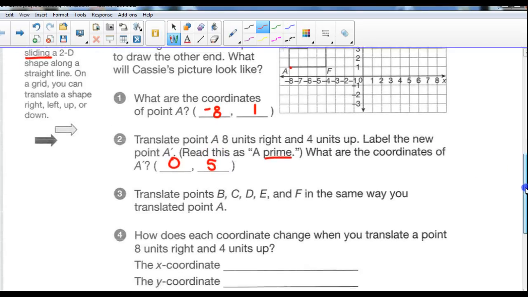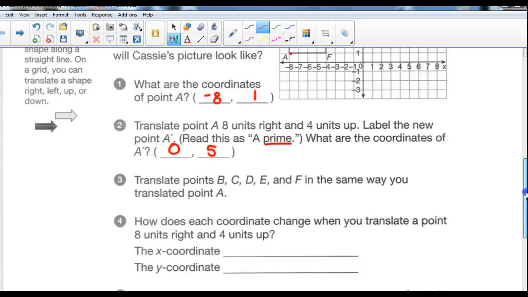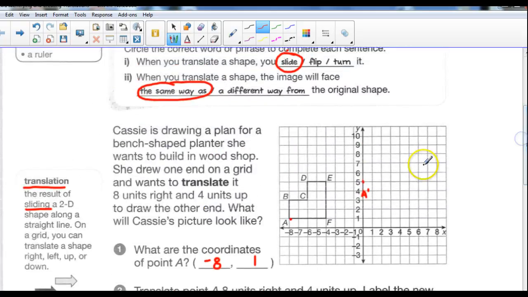Okay. Translate points B, C, D, E, and F in the same way you translated point A. Okay, so for F, we're going to go 8 units here. 1, 2, 3, 4, 5, 6, 7, 8. We're going to go up 4, I mean, right there. There's F prime, and you can do that for every point, okay?